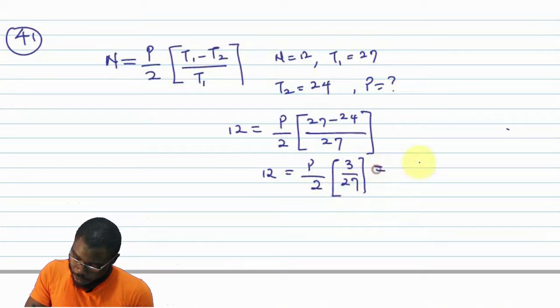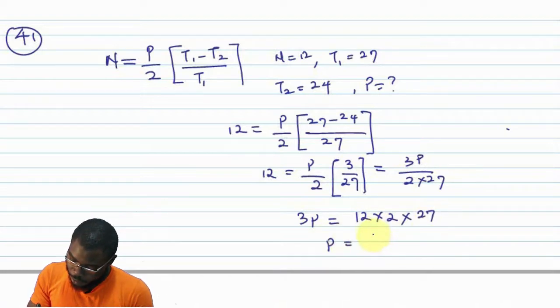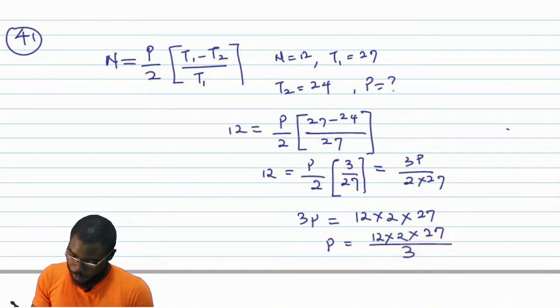So you have 3p equal to 12 times 2 times 27. So p is the same thing as 12 times 2 times 27 all over 3.